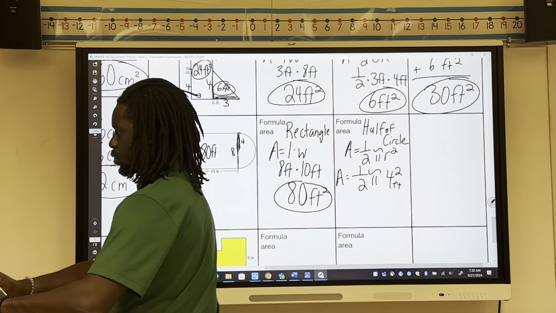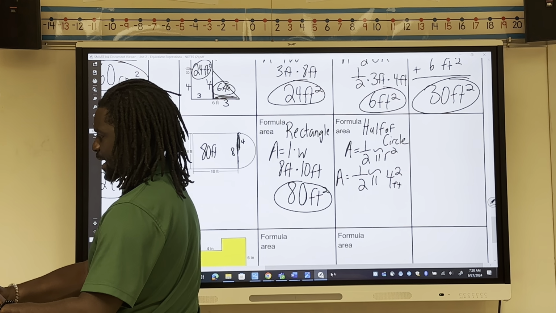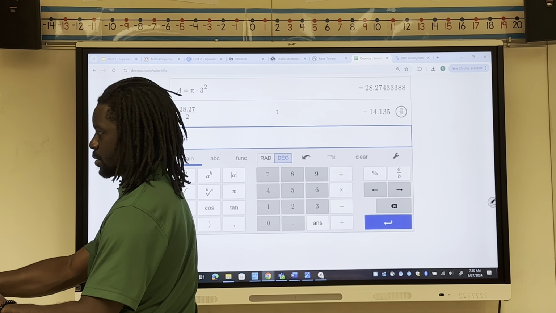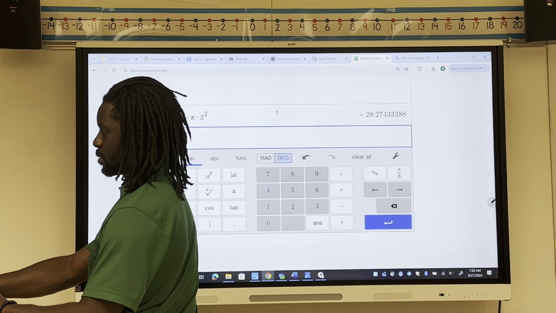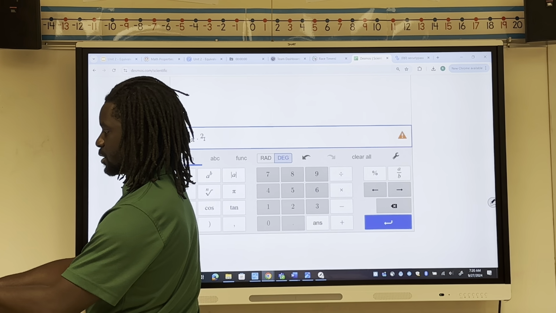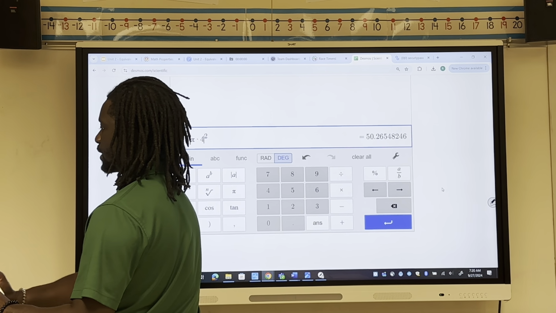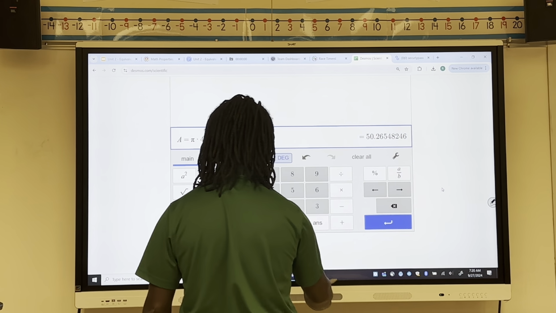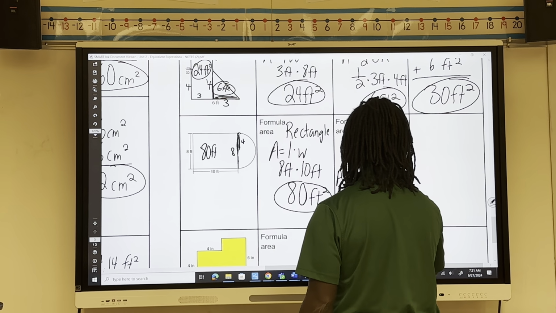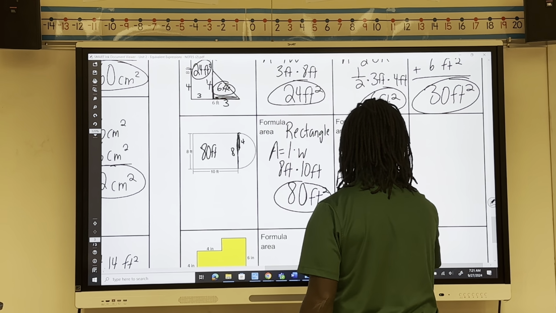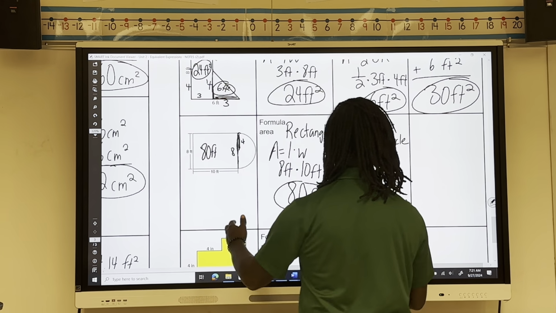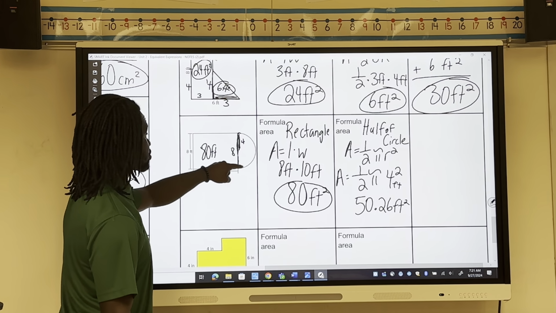And so I'm gonna go 1/2 pi, changing that to 4. All right, and so we get 50.26. 50.26 feet squared.